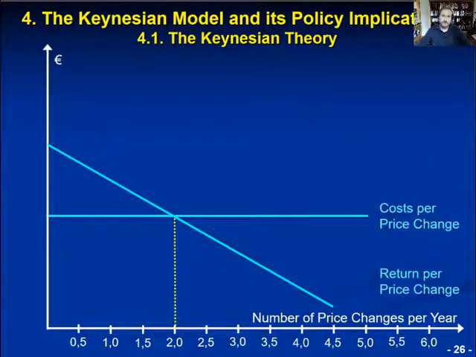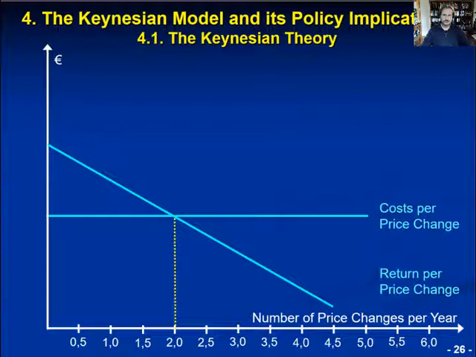If you put the marginal cost curve and the marginal return curve together, the intersection point tells us where the profit maximizing price change per year lies. In this example, it equals 2 changes per year.